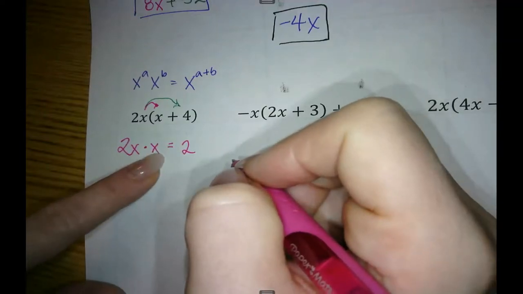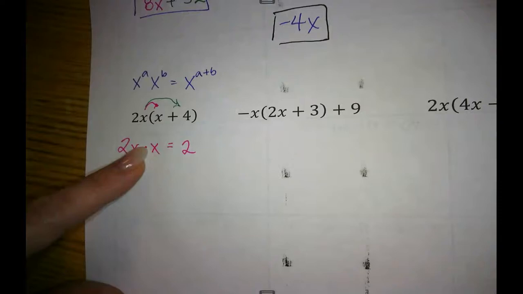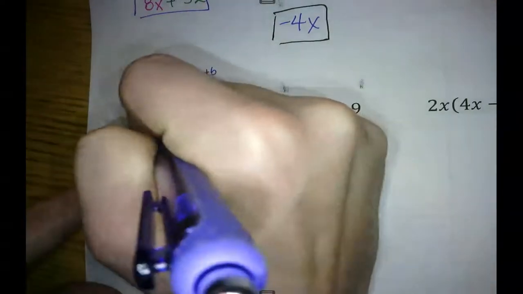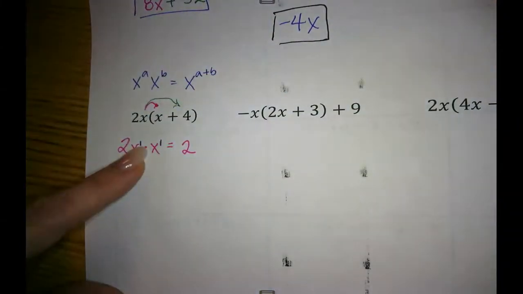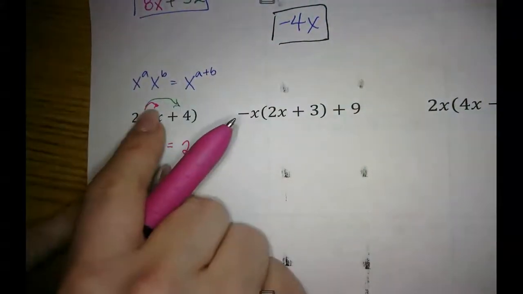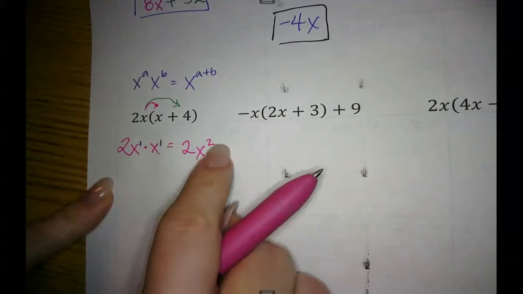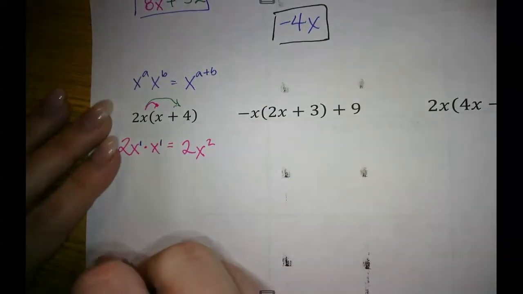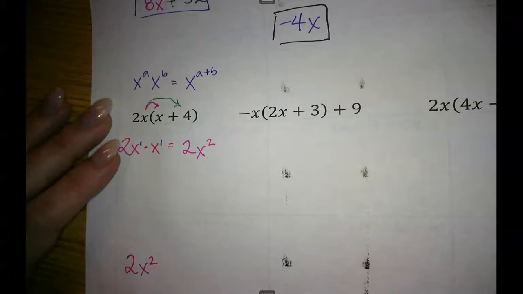Then I have x times x. Remember, if there is no number up top, it's an understood 1. So I'm going to add those: 1 plus 1 is 2. So 2x times x gives me 2x squared. I'm going to write that down here as my final part of my answer.